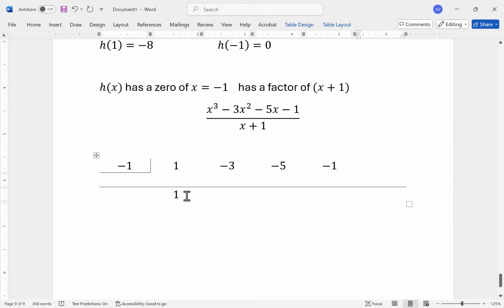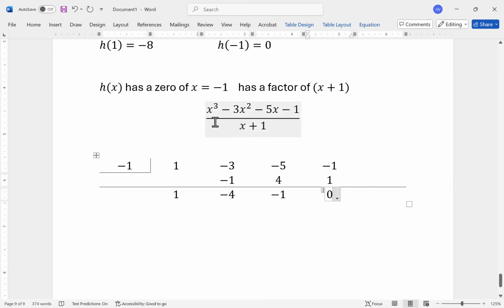I drop down that 1, and then multiply times -1, we get a -1. Add, that gives me a -4. -4 times a -1 becomes a +4. Add, that would give me a -1. -1 times -1 is a +1. When I add those two up, I get a 0.